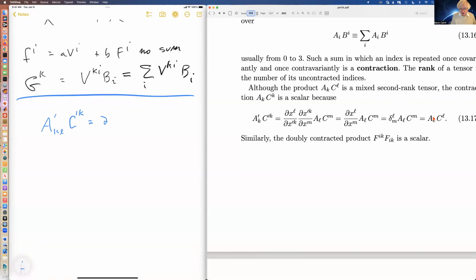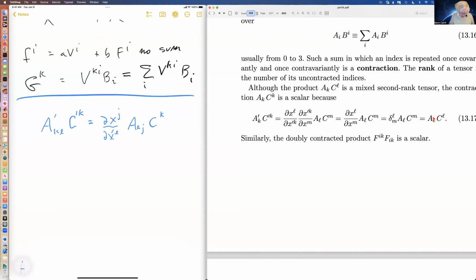It would be partial of, see, we have an X prime L, so this is going to be in the denominator, partial X prime L, partial X^J, say. And then the rest of this we could call A, K, J, C^K.